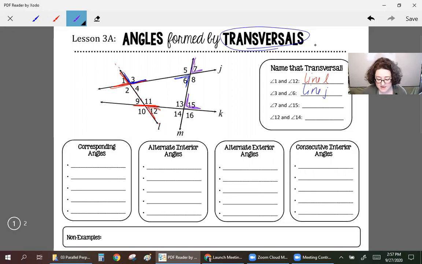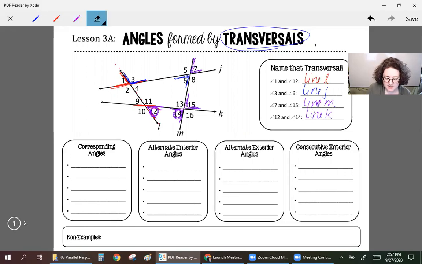Well, both of those angles actually touch line M. So line M is the transversal. And then what line do you think is the transversal for 12 and 14? Well, 12 and 14, if I look at the sides of those angles, again, both of those touch line K, so line K is the transversal for that one.